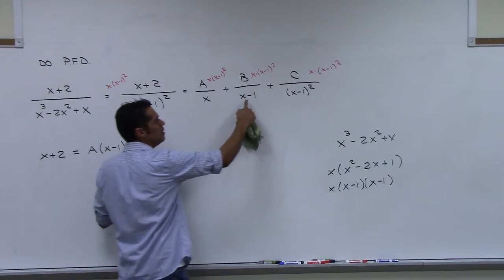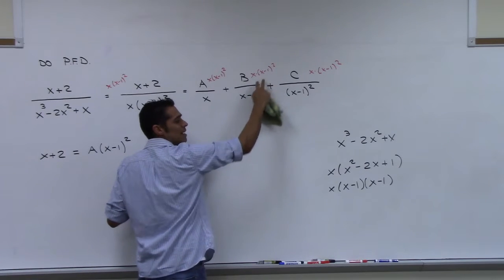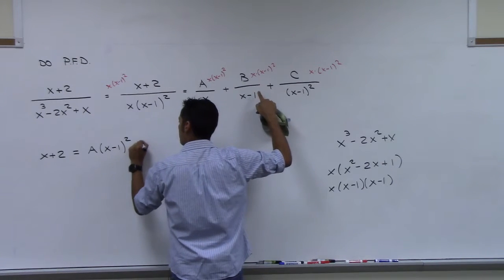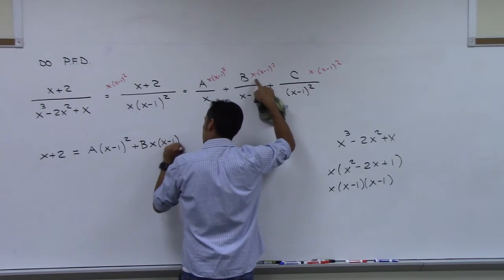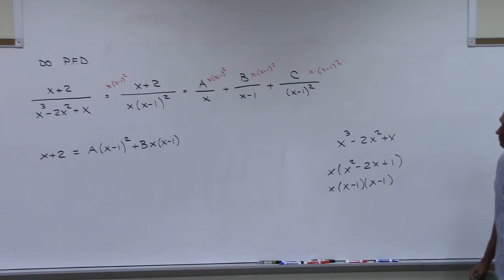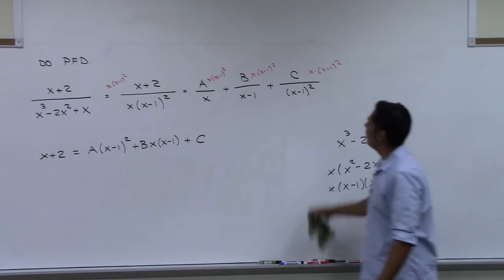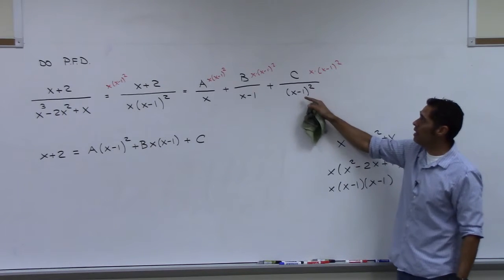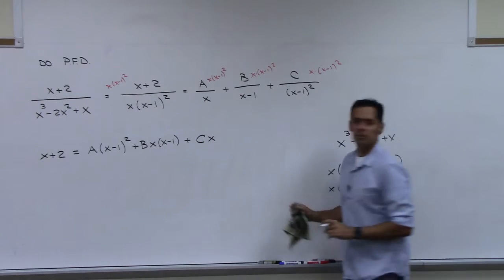What about this one? Does the x cancel this time? No. The x minus 1? One of them does. So you'll still have a b here, you'll still have the x, and you'll still have one of those x minus 1 factors. Plus c. Now here, the x minus 1 squared and x minus 1 squared do cancel, and all you're left with is the x and the c. So cx. Okay with that?